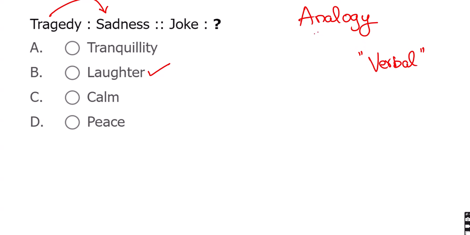Then we can understand the meaning of those words. This is an easy question, but for certain questions you need a bit of English. They may give some words which are odd one out. Verbal related stuff you require, because for analogy, the other one is odd one out. They'll give four words in the options, and one among them is the odd one out. So a bit of verbal is required.